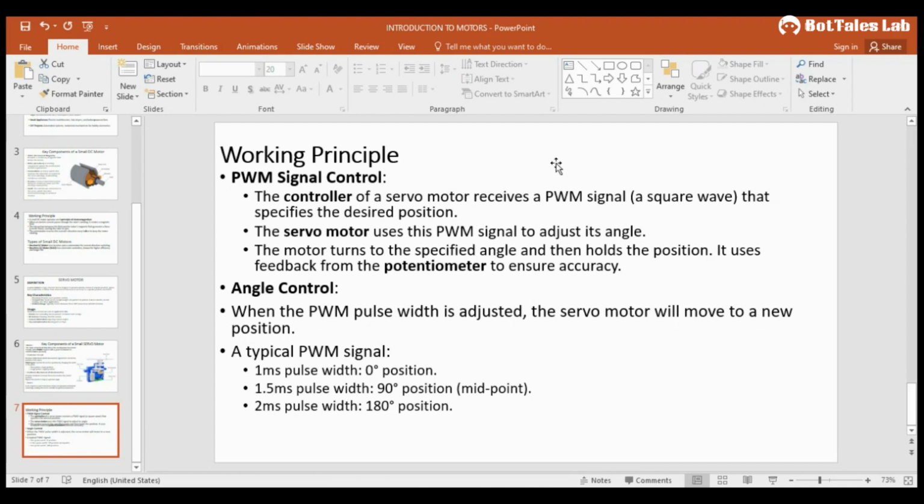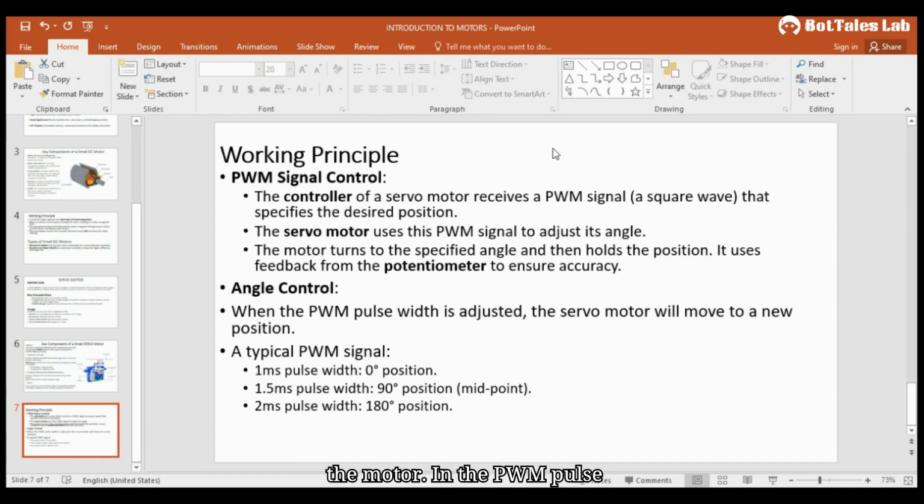So basically, the controller of the motor will receive a PWM signal from the Arduino, or you can say any microcontroller. The PWM signal is basically in the form of a square wave. That PWM signal is used to adjust the angle of the motor, that is, at which angle you want to rotate your motor, and the feedback mechanism is used to check the previous position of the motor and to ensure accuracy.